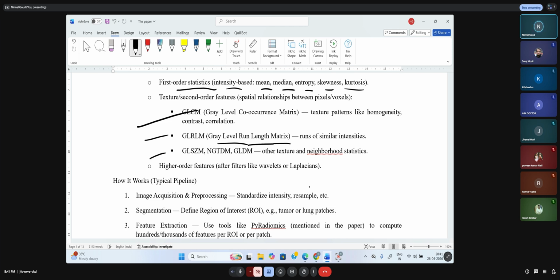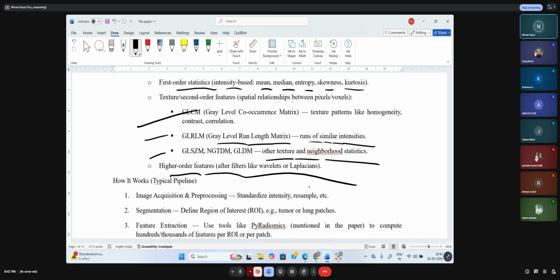Gray level run length matrix looks at runs of similar intensity, texture-based, neighborhood: how pixels are arranged and whether any higher-order feature is present. So all statistical and mathematical techniques. That is radiomics. We apply first-order statistics over the image to extract the numerical details from the image. That is what we call radiomics.